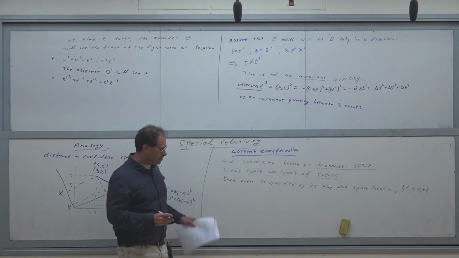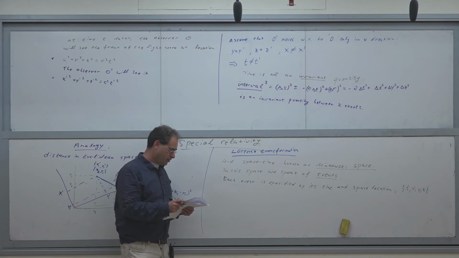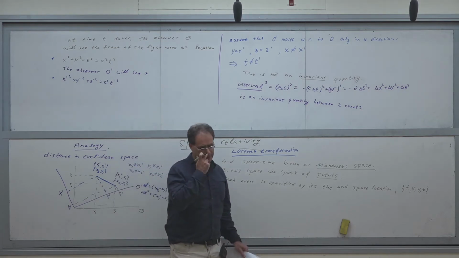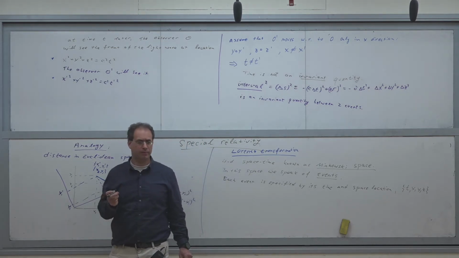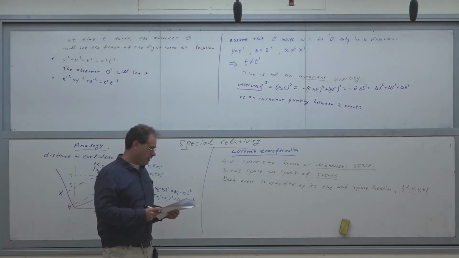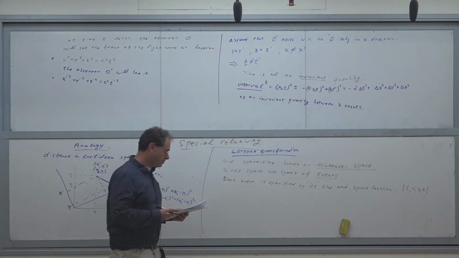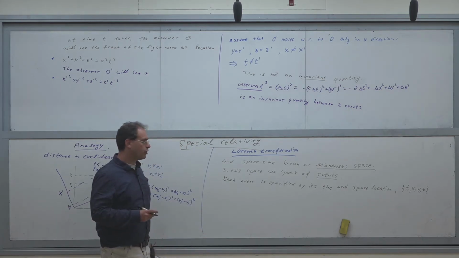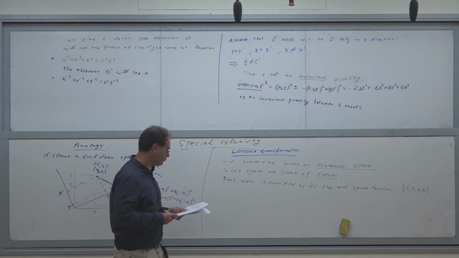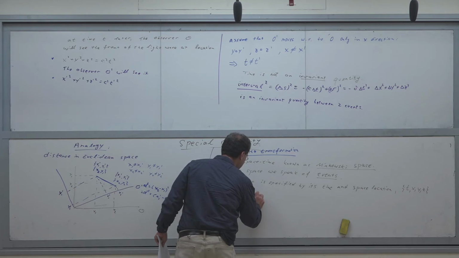Now I'm going to slightly change the notation. Okay? It's going to be slightly more confusing at first, but you'll get used to it very quickly. I'm going to write down, rather than t, x, y, z, coordinates, which I'll put as 4 vector coordinates. I'm going to call it x mu.